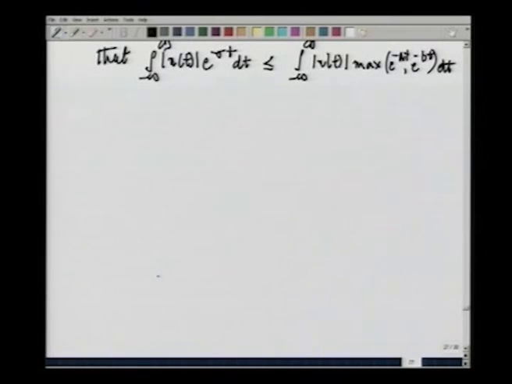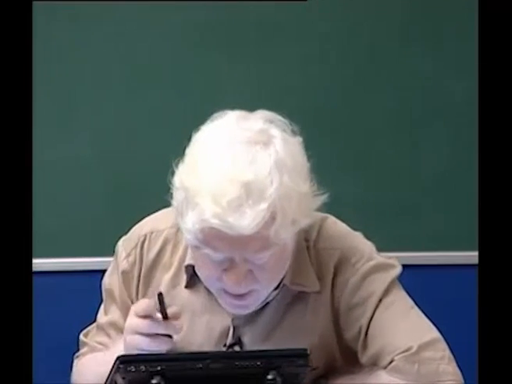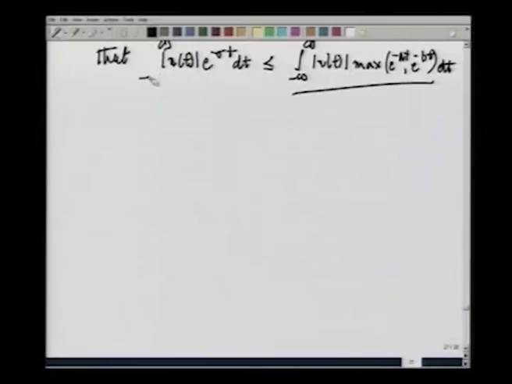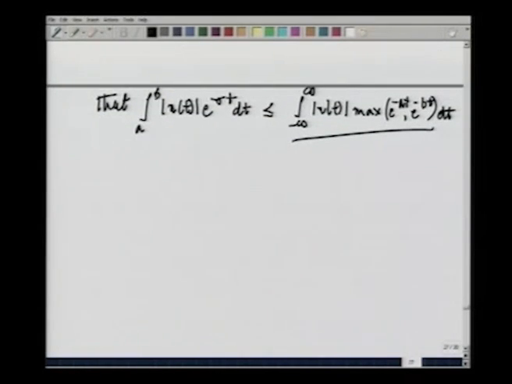That is to say that this acts as an upper bound for this integral, given that mod x(t) is absolutely integrable. So, since mod x(t) is absolutely integrable over the interval a to b, all these intervals can be replaced by a and b, and we will do that. Integral from a to b, and here also integral from a to b.